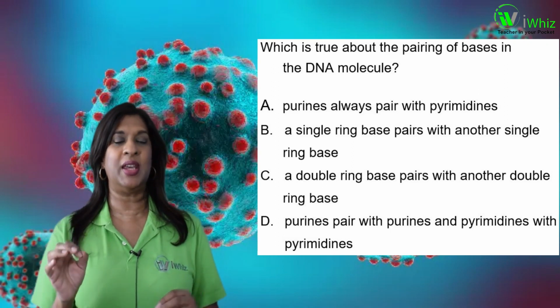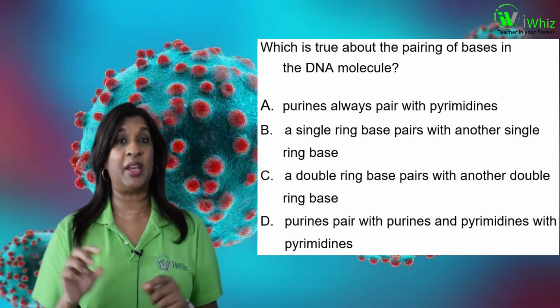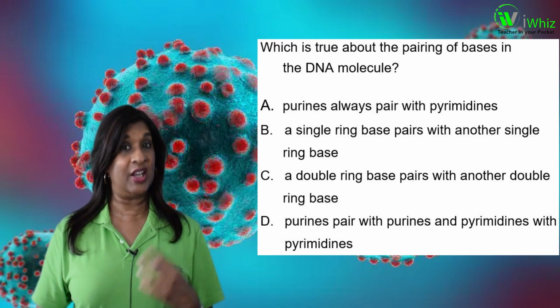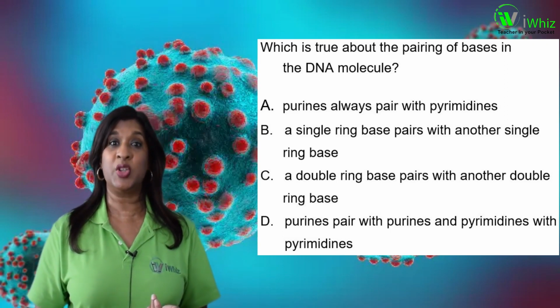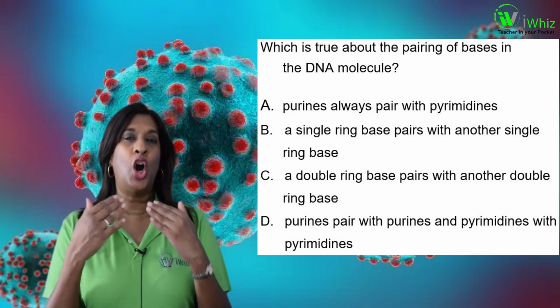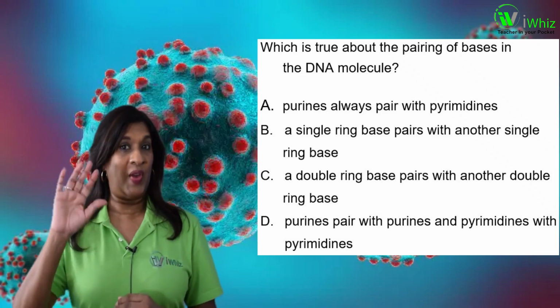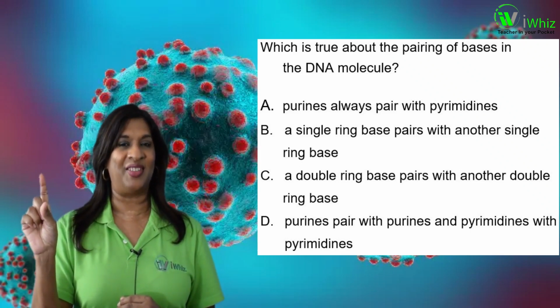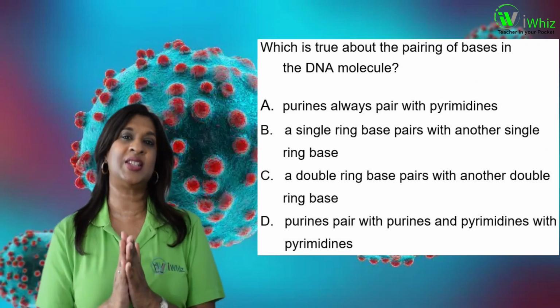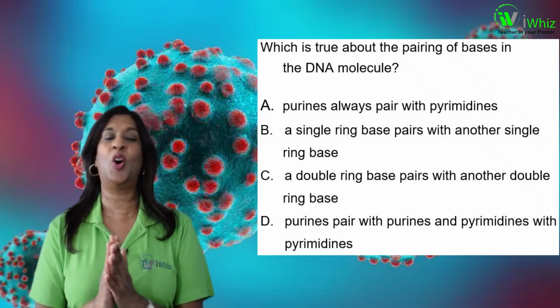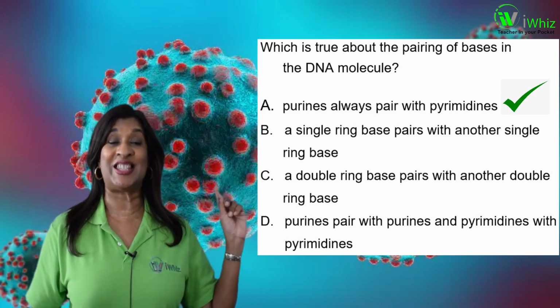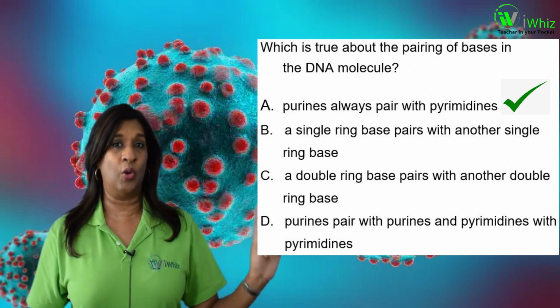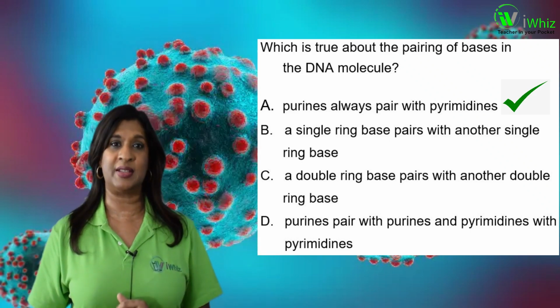That's your thymine and your cytosine, and they are made up of 1 ring, right? So let's see which ones apply. Here we're talking about pairing, right? Complementary. So we know adenine and thymine pair together, and guanine and cytosine pair together. So which is your option? Your option is A. Purines always pair with pyrimidines, right?